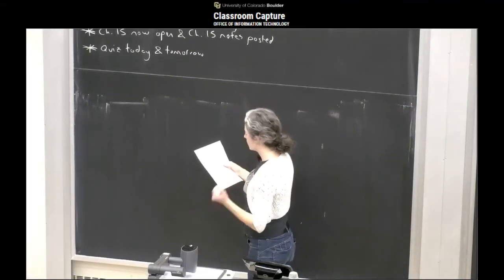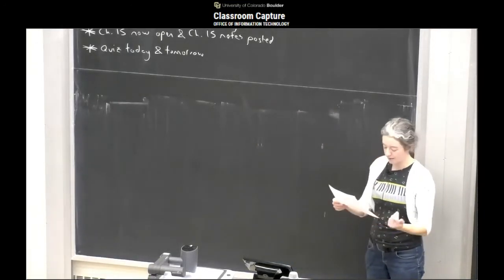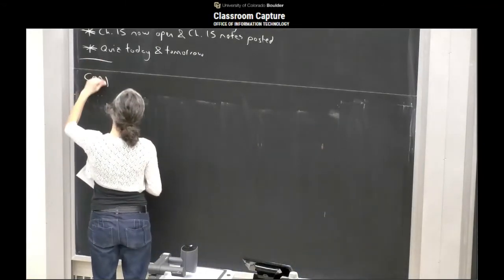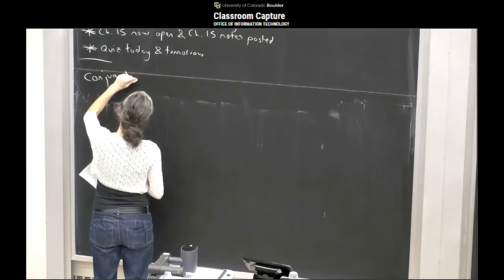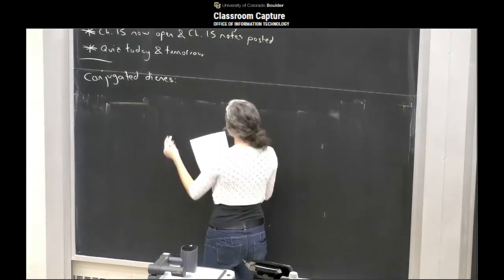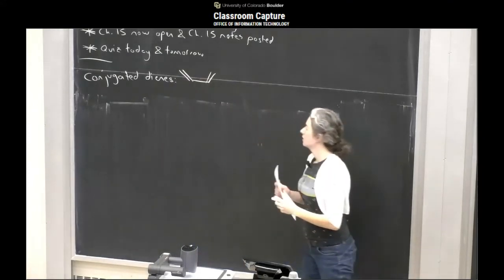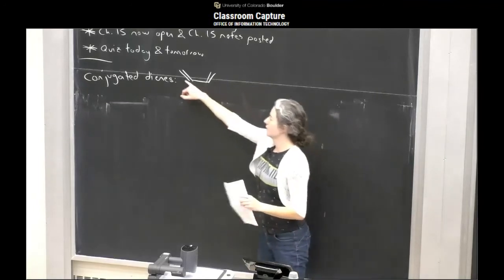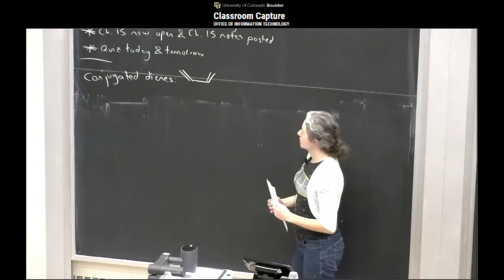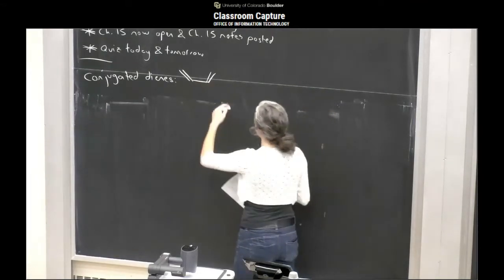Okay, so last time we looked a little bit at conjugated dienes, where the idea is that however you draw it, you've got this chain of carbons where every carbon is involved in a double bond. So basically, you've got this continuous chain of sp2 hybridized carbons.